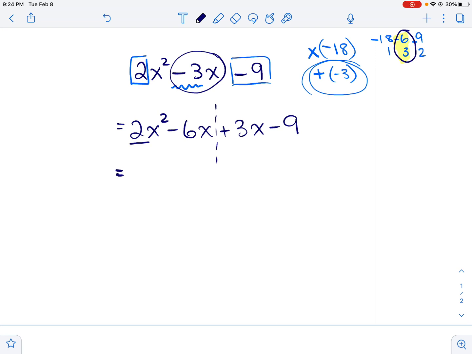So what are these both divisible by? They're both divisible by 2, and since they both contain an x, they're both divisible by x. So after I common factor out a 2x, my first term, I would just have an x left. My second term, I would have a minus 3 left.